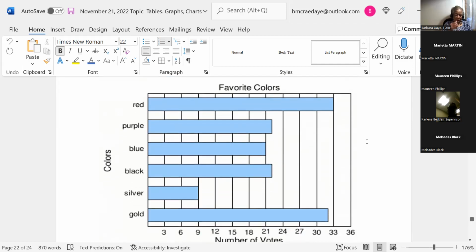Add up the bars for the colors other than silver or purple. So you got red, blue, black. The number of votes is on the horizontal.